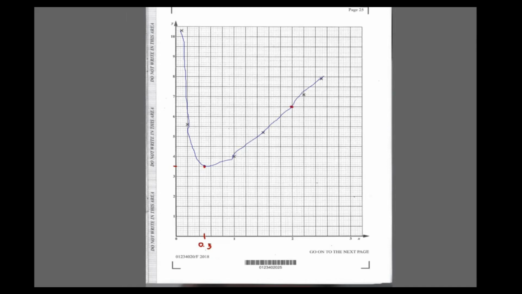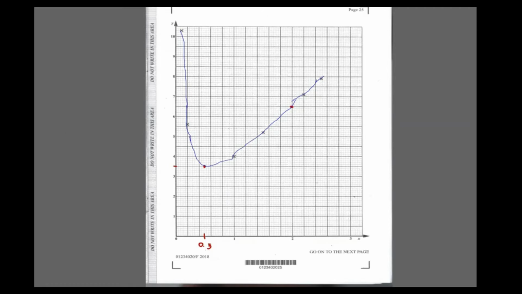I just wasn't so accurate. Let me try to be a little more accurate. Make sure everything passes through the points. Yep, and that's what you're supposed to have.